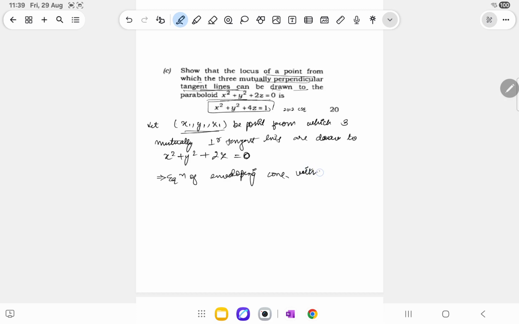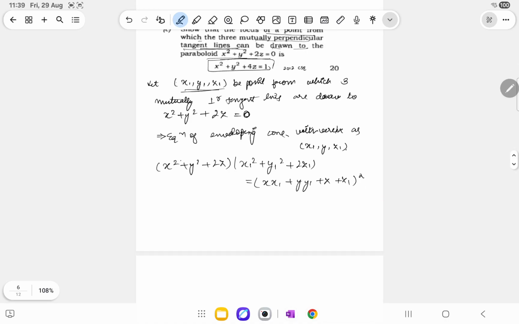So the equation of the enveloping cone will be (x square plus y square plus 2z) into (x1 square plus y1 square plus 2z1) is equal to (x1 x plus y1 y plus z plus z1) square.